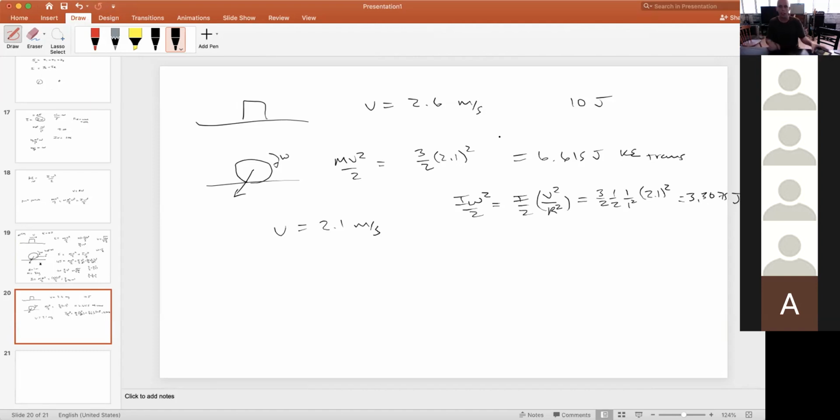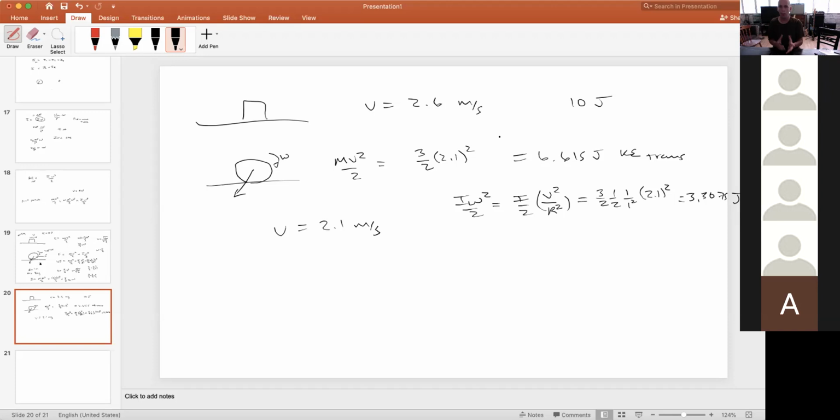So what you can see here, and why I just did this, is the block is sliding from left to right, and it has kinetic energy because it's translating. It's just moving to the right, mv squared over 2, and that's equal to 10 joules. Because the mass is 3, you can find that the velocity is 2.6. However, when it's a rolling object, like a rolling wheel, it has to split the energy between kinetic energy of rotation and kinetic energy of translation.